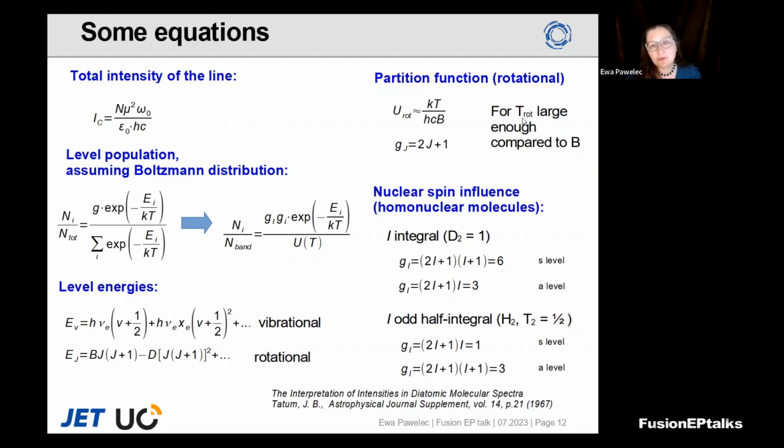So we have, of course, the partition function over that, so we can calculate how those intensities are going, and nuclear spin influence also sometimes makes some lines stronger or fainter. And that's another thing that is especially visible in the homonuclear molecules.